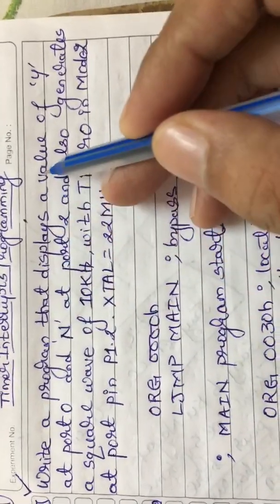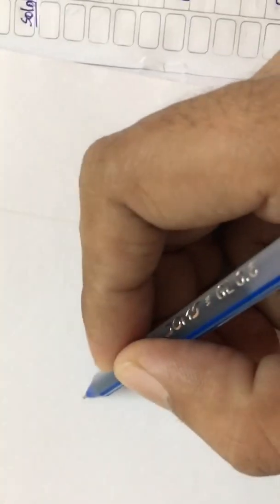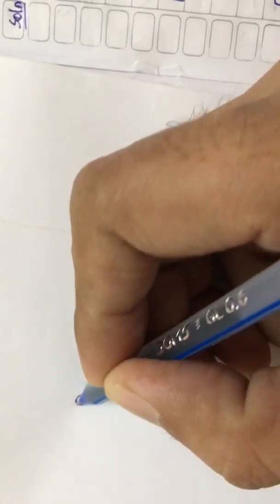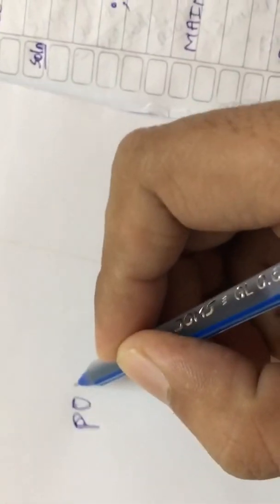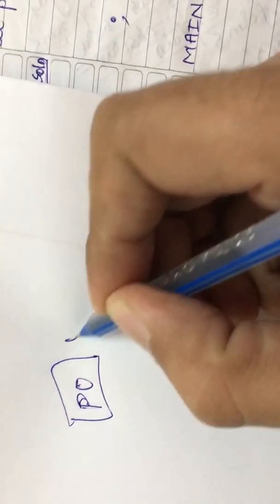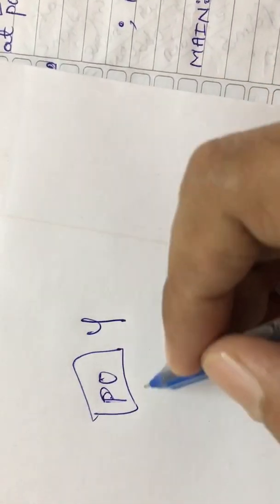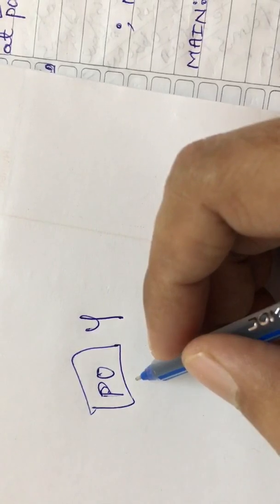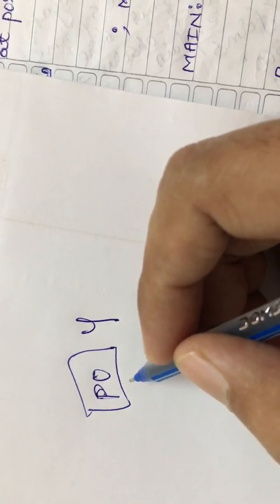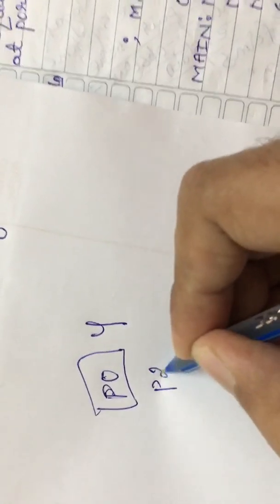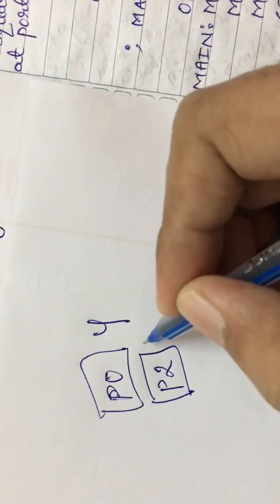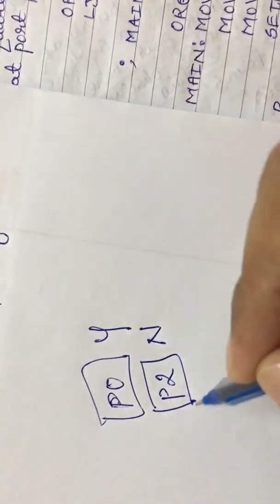So in the question, what they are saying is, write a program that displays a value y on port 0. So we have port 0 here, and on this we need to display y, and we have port P2, and on this we need to display n.